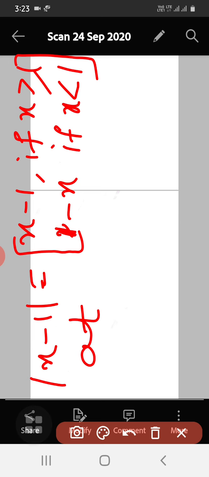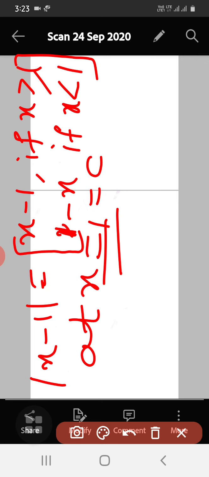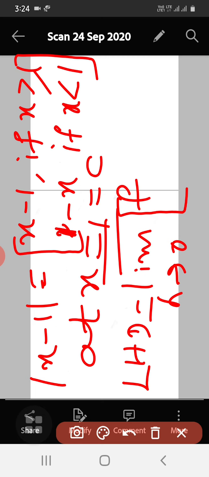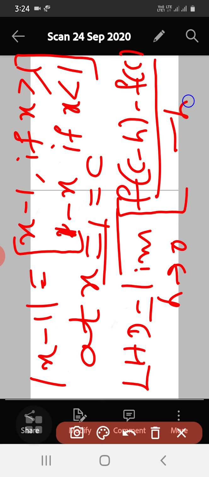My point is, we have to show that the function is not differentiable at x is equal to 1. Consider the point x is equal to 1, so this is x is equal to c. I will consider the left hand derivative. What is the definition of left hand derivative? Limit h tends to 0 of f of c minus h minus f of c divided by minus h.